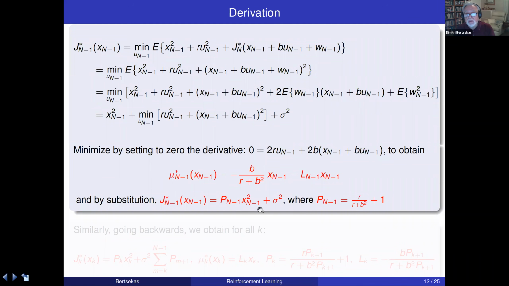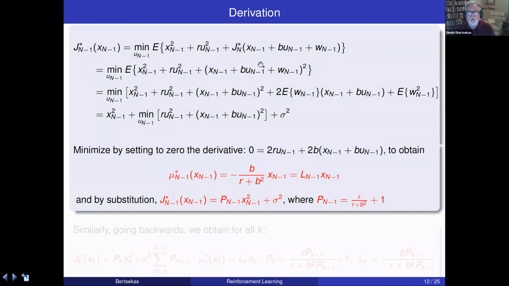Here's a constant and here's a quadratic, and it involves this expression here, P_{N-1}, the scalar, which is given by this. This is a calculation that is given in your text and in your class notes, and you can verify it very easily. Generally speaking, I'm going to skip some of these algebraic calculations in this example.